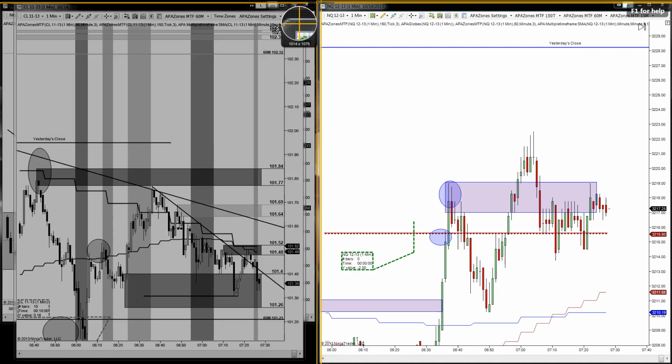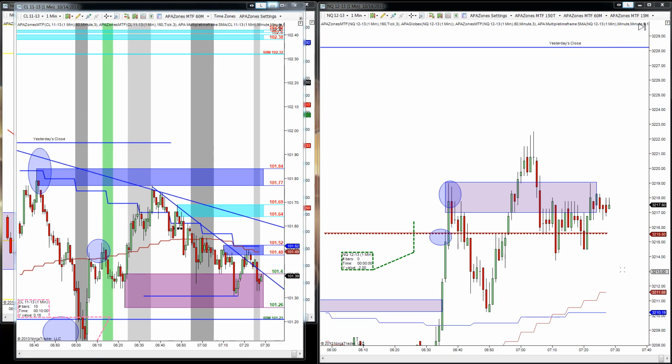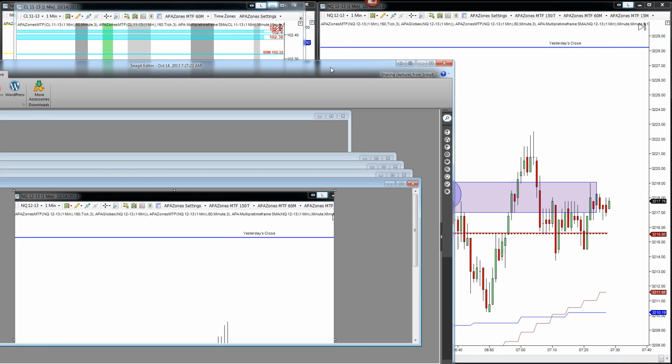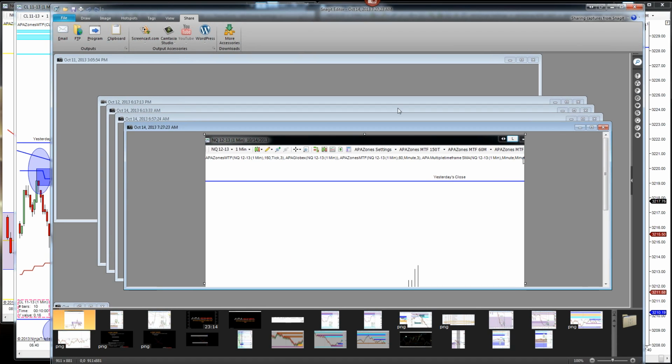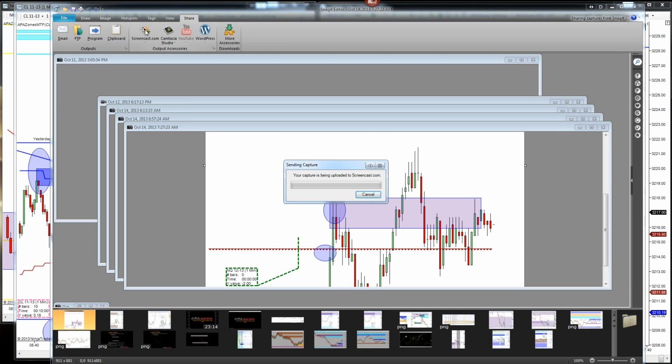You basically draw your cursor over whatever you want, and then it gives you this little screen over here, and that's the picture there. Then I just hit screencast one time, and now I'm able to upload it and share it. So it should be really, really simple.